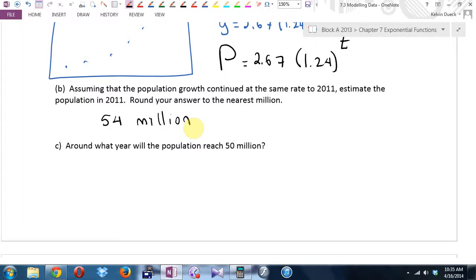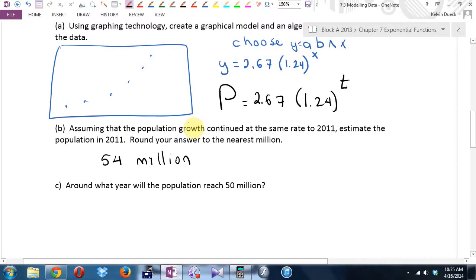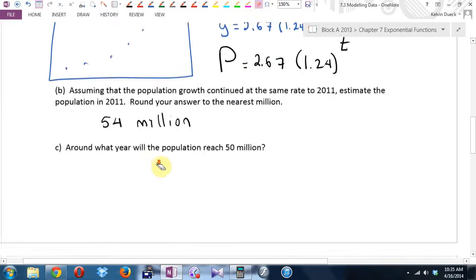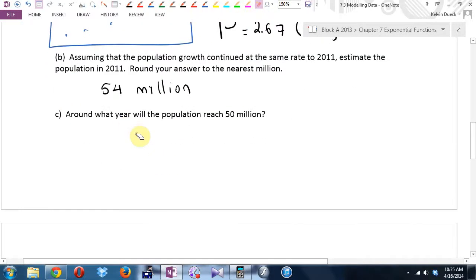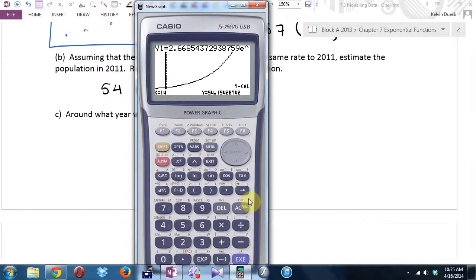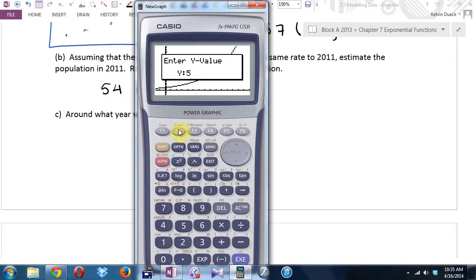So what happened in real life is somehow here things started to change. But if our data had been accurate, continuing in our trend, we should be at 54 million. So this is able to tell us something. Around what year, in theory, will the population reach 50 million? Now, we put population on the y-axis, so if we go to our graph and do G-Solve, arrow sideways, that's an x calculation when y is 50, right?